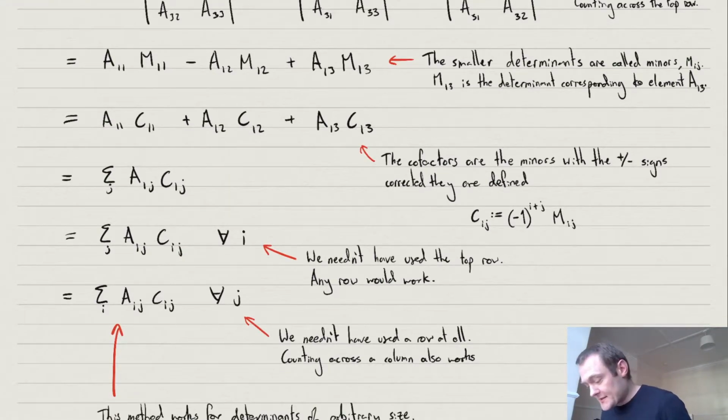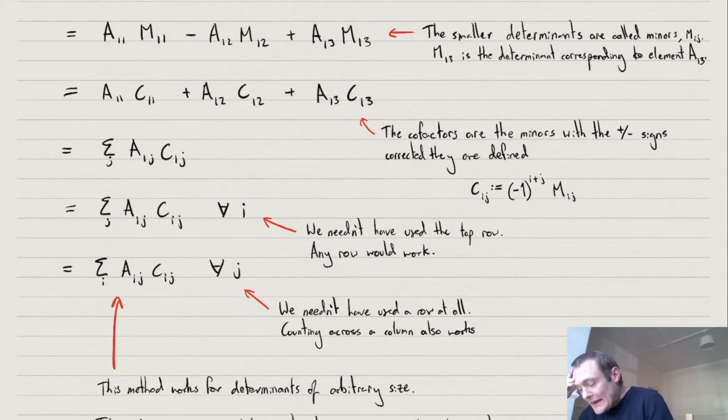Now we could modify this though, because we needn't have actually used the top row. We could have used the second row instead, and this method would totally work, right? We could have used the third row too. So we could calculate determinants based on any row you like. We could also switch and use the columns instead of the rows. So you've been used to calculating determinants by counting across the top row.